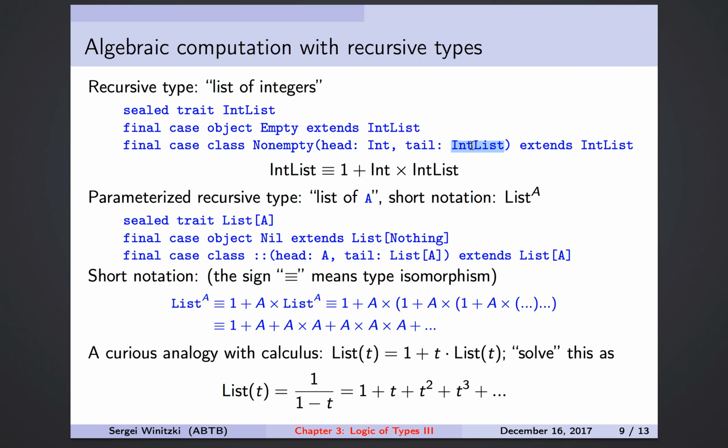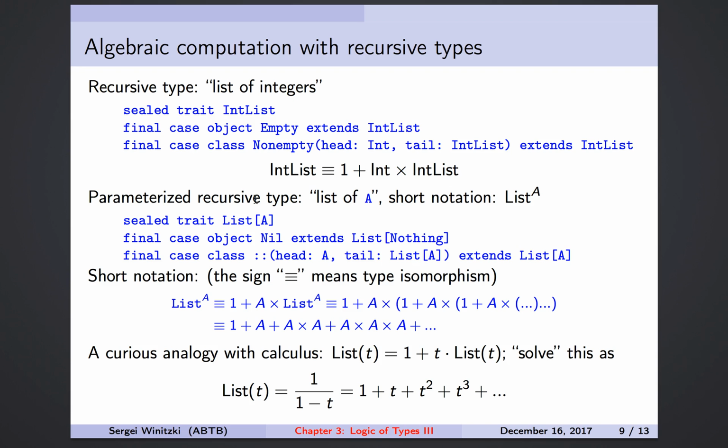So this definition is a recursive polynomial type, as I would call it. It's recursive in the sense that this type refers to itself in its own definition. Now you see the short notation is much clearer and very suggestive of various algebraic manipulations.